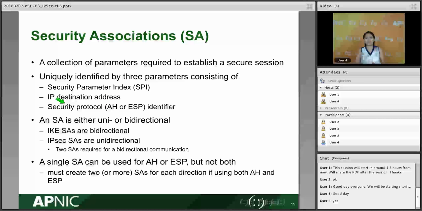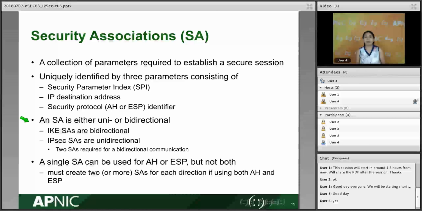So they exchange security associations to see whether the other party supports it or not. Security associations have three parameters that are used to uniquely identify them. SPI, basically an index, a unique number that identifies an SA. The destination IP address has to be unique, and of course, what security protocol you're using. Are you using AH, are you using ESP, or using both?